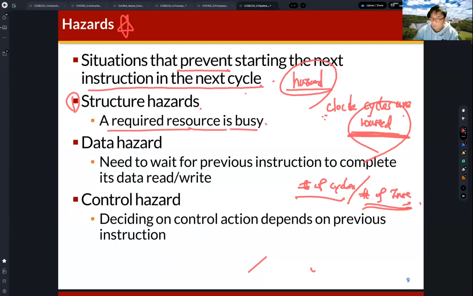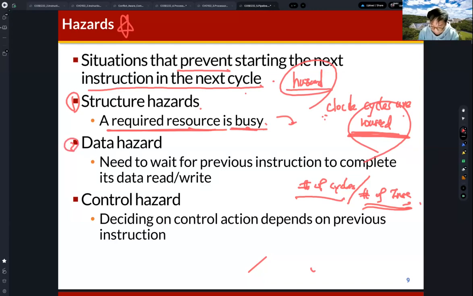If the hardware resource is busy, then the new instruction cannot be assigned to the target resource. That is called a structure hazard.